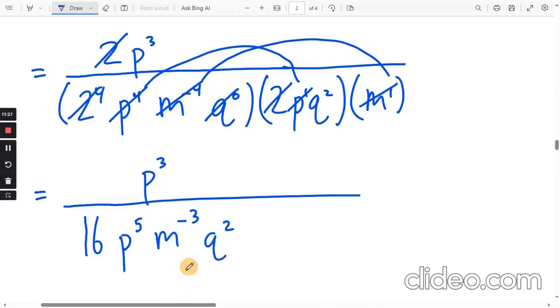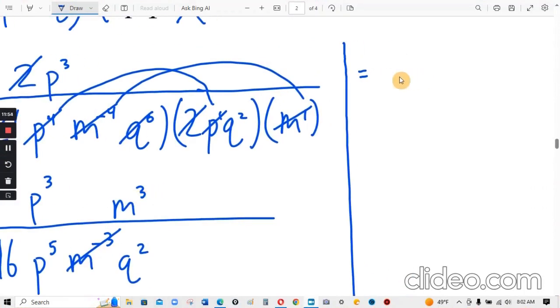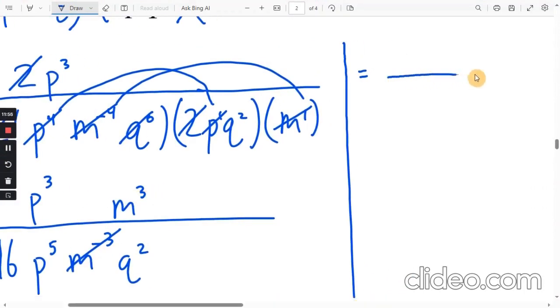All right, almost done. m to the negative 3, if we move that up, that's going to be m to the positive 3. And as far as the p's are concerned, if you want me to line them up, we have p to the third in the numerator. I'll line it up with the other p so it's easier to see, but you don't have to. So we still have a fraction.